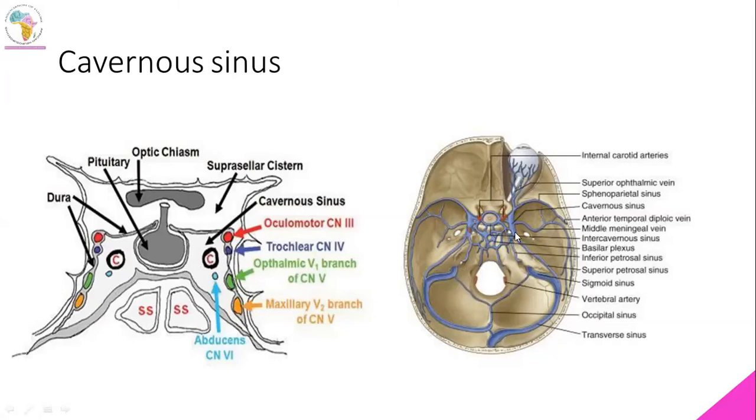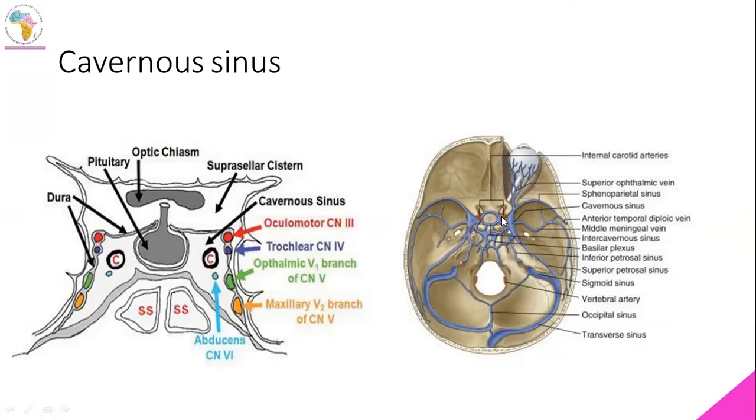So the cavernous sinuses are paired, found along the side of the sella, on the lateral aspect of the pituitary gland. There is a connection between the two sides through the sella.